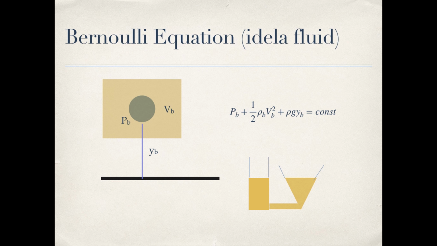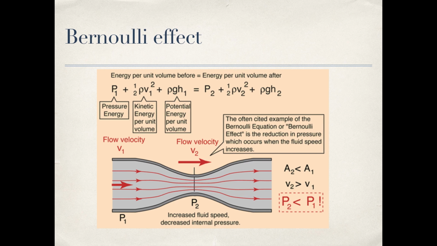I derive it in this non-mathematical way because I would like to focus on the energy, that the Bernoulli equation is actually a conservation of the energy. And this is often presented without due respect to this very important fact.